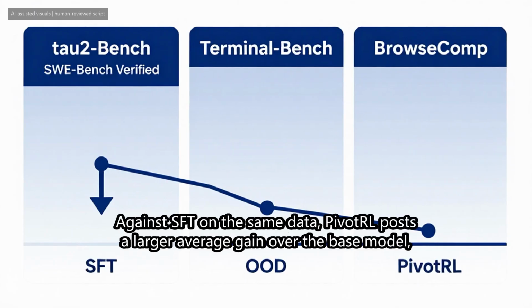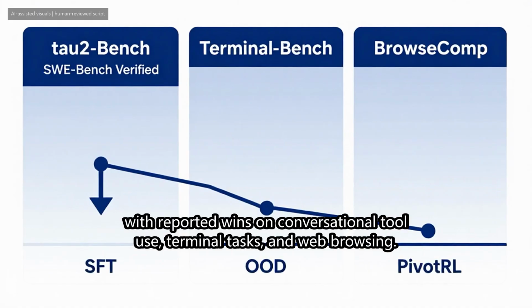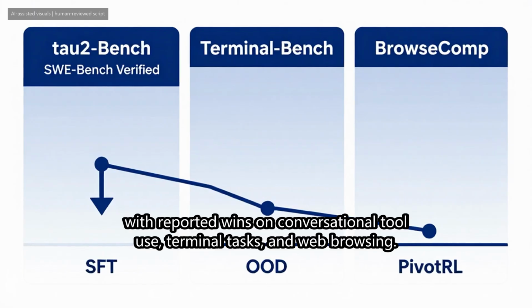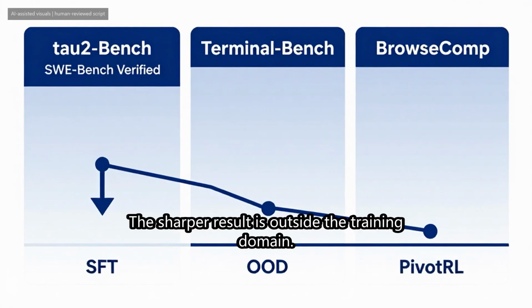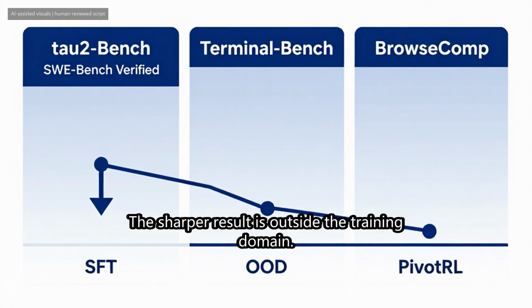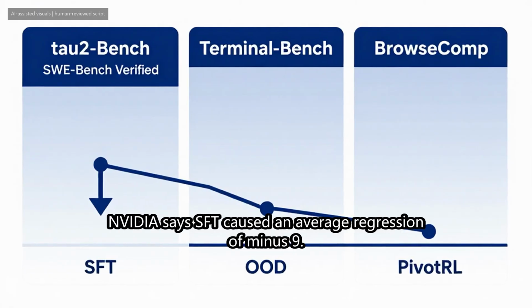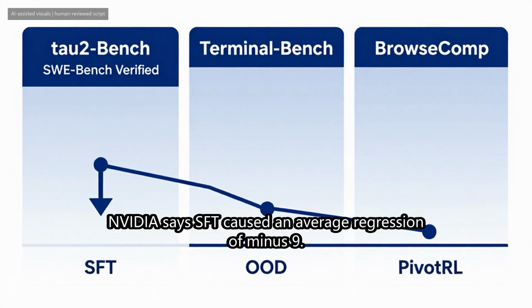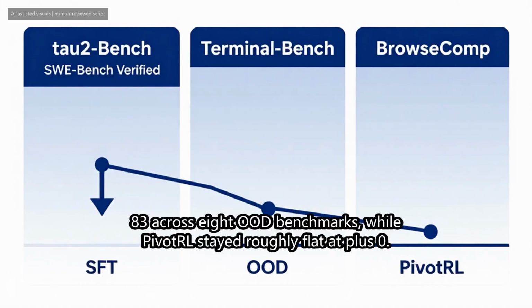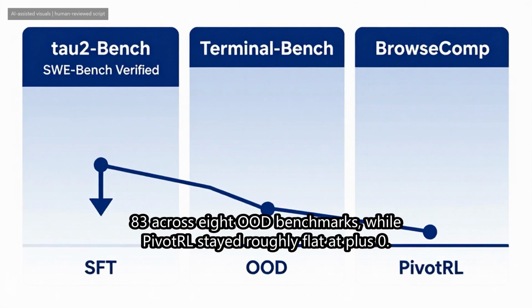PivotRL posts a larger average gain over the base model, with reported wins on conversational tool use, terminal tasks, and web browsing. The sharper result is outside the training domain. NVIDIA says SFT had an average regression of -9.83 across 8 total benchmarks, while PivotRL stayed roughly flat at +0.21.